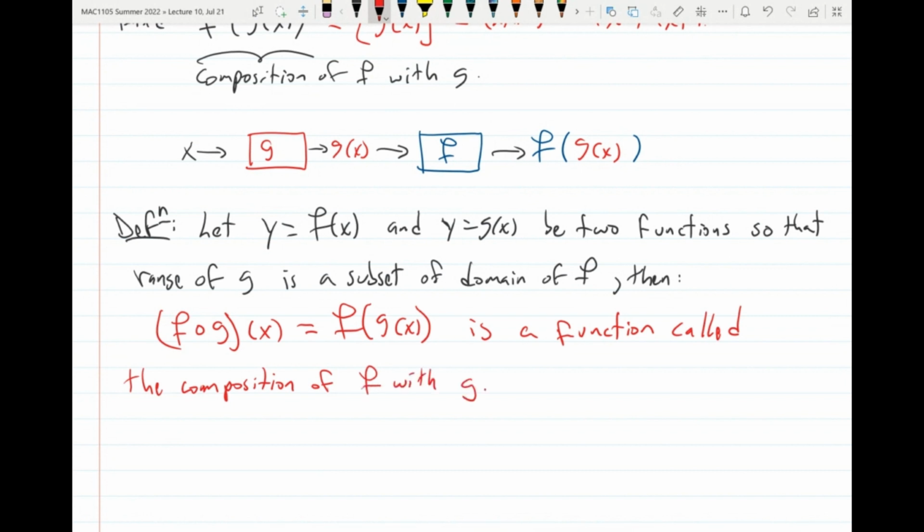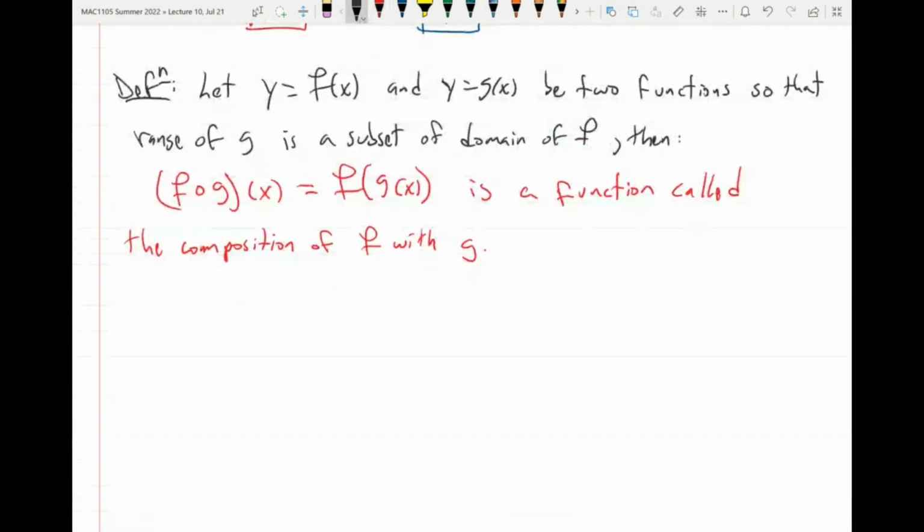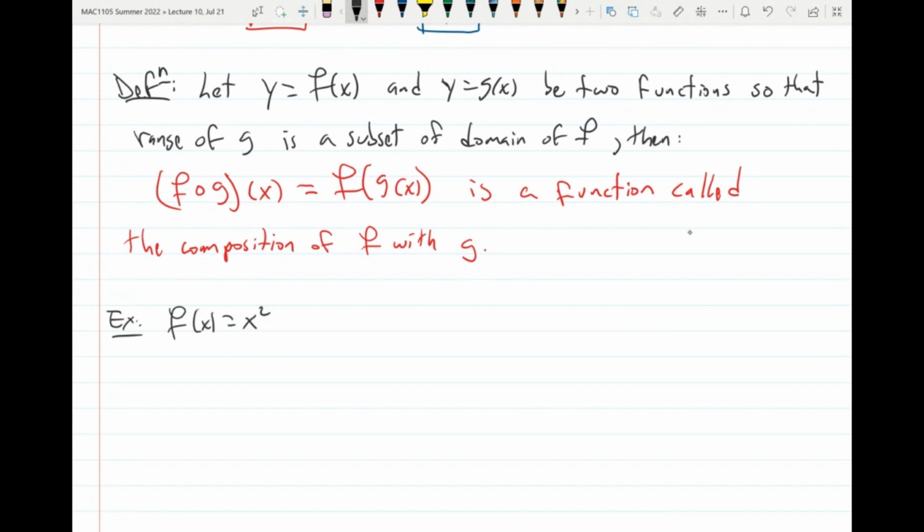Do you understand this? Now let's do a little example. For the same functions that we have above, let's say that we have the function f of x equals x squared and the function g of x equals 2x plus 1. But this time, let us find g composed with f.